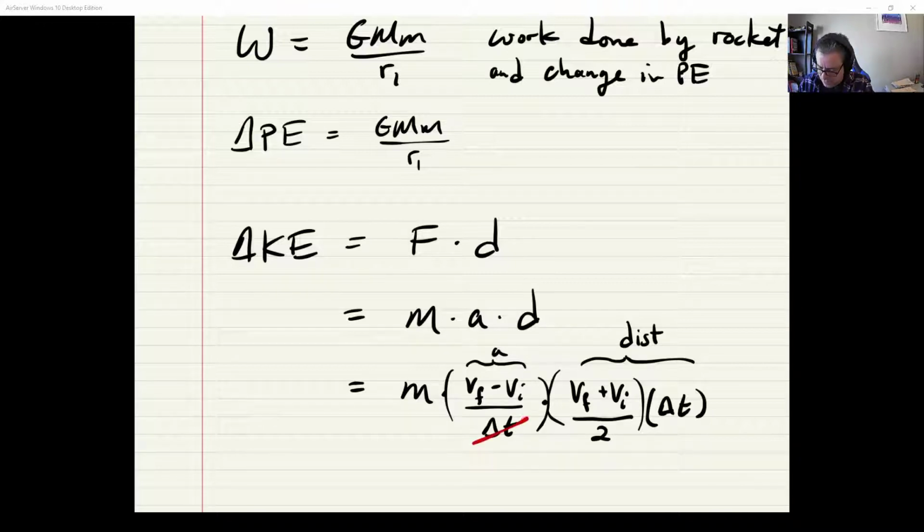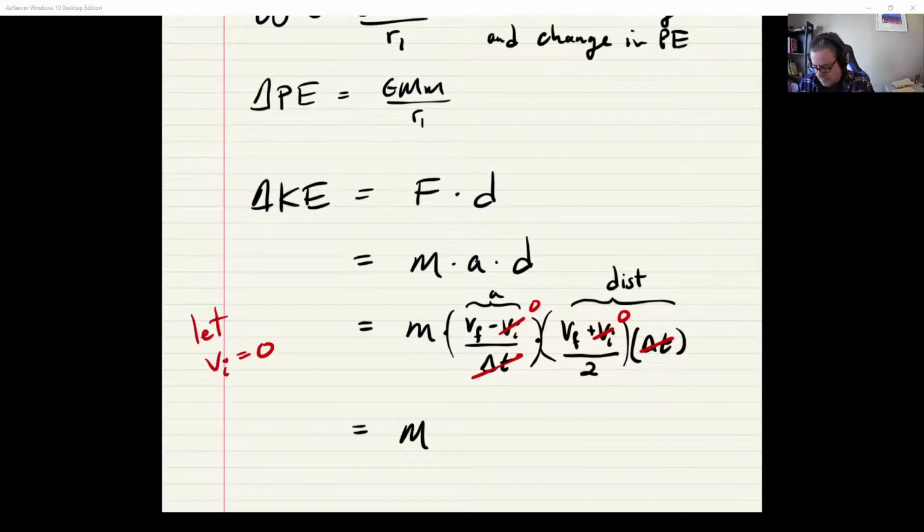Now right away what I want to do as a mathematician, I want to cancel those out, and I'm going to say let's make this initial velocity equal to 0, so that we're just measuring a change in kinetic energy from a change in velocity from not moving to some final velocity. So this expression for change in kinetic energy has become mass times that final velocity squared.